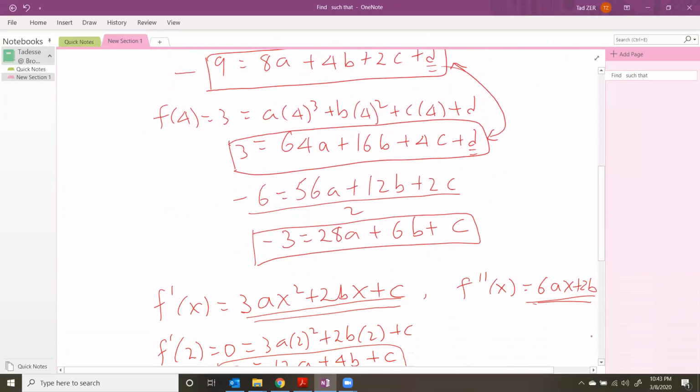So what that means, because the second derivative is linear, it exists, so at an inflection point it must be 0. So the second derivative at 3 equal to 0. So what does that mean? Minus 6a times 3 plus 2b.